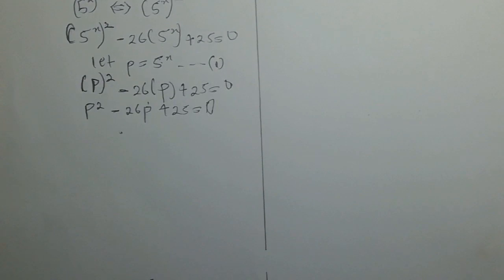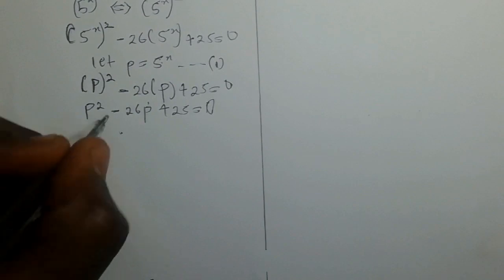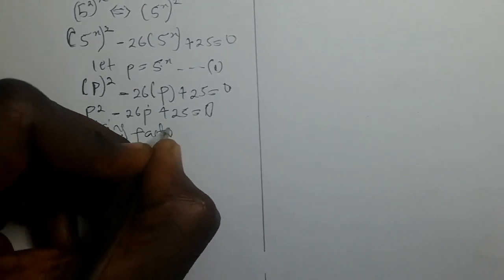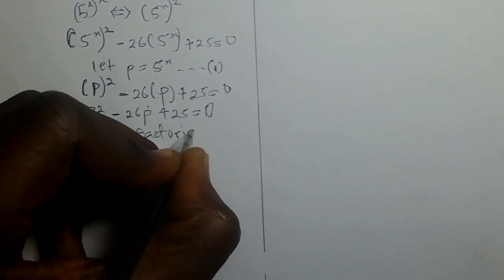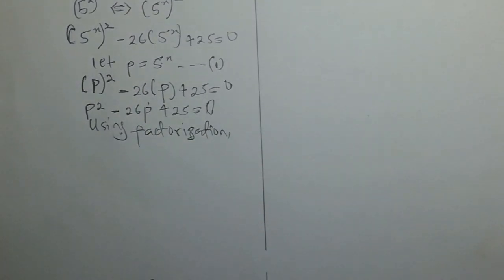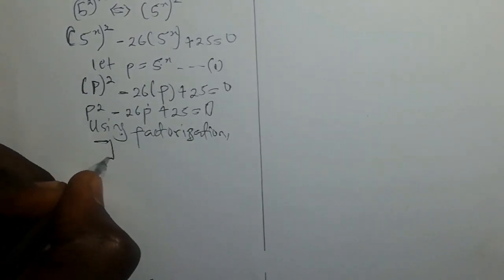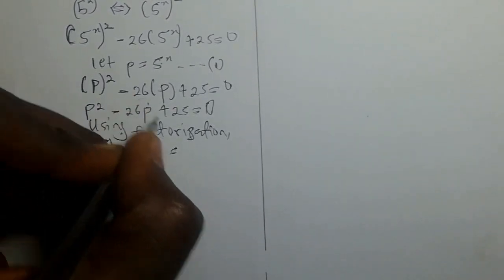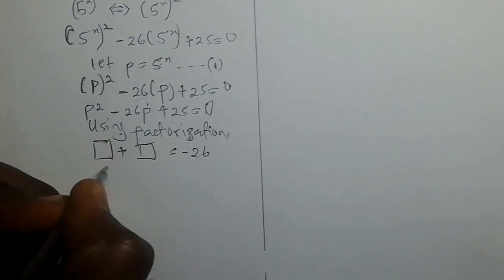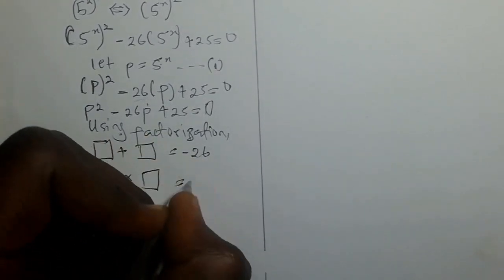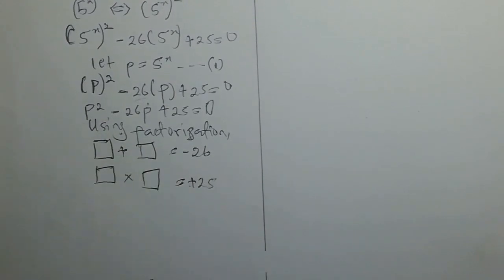But for this video, let us use the factorization method. We need two numbers that when added together result in negative 26, and when multiplied together result in positive 25.